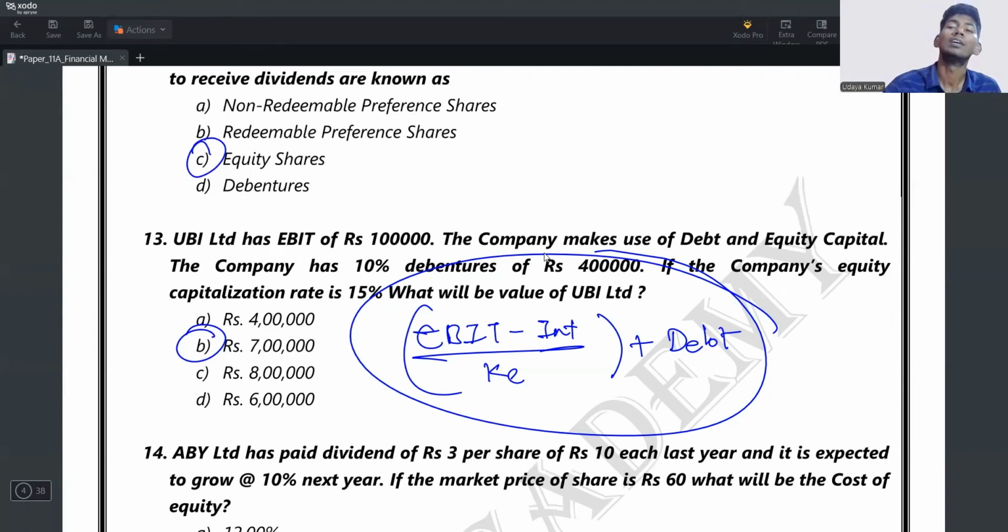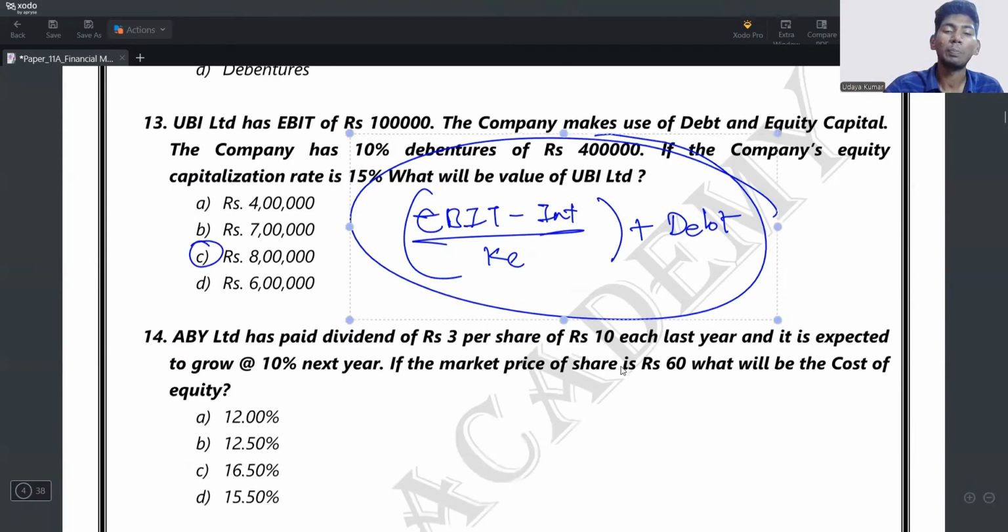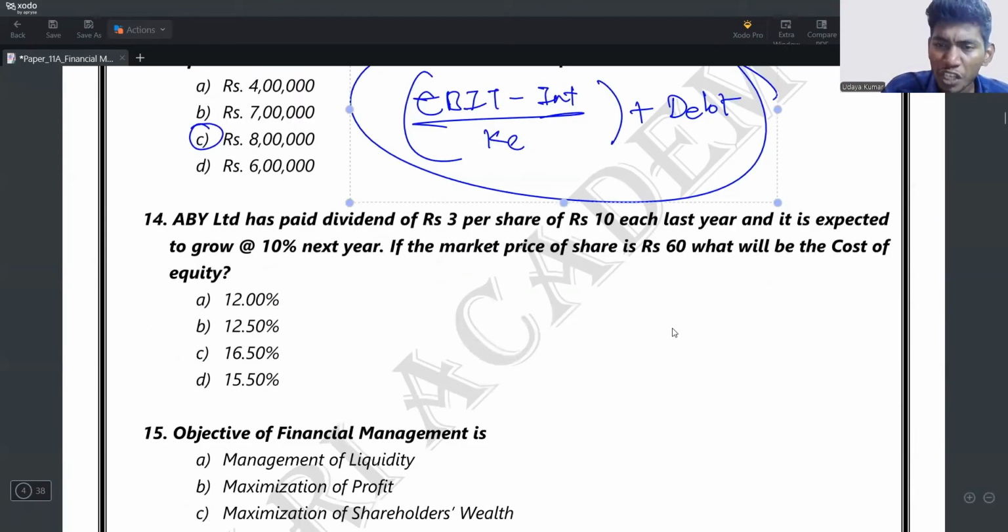And moving to question number 14. ABI Limited has paid dividend of rupees 3 per share of rupees 10 each last year, and it is expected to grow at 10% next year. If the market price of the share is rupees 60, what will be the cost of equity? He is asking KE.